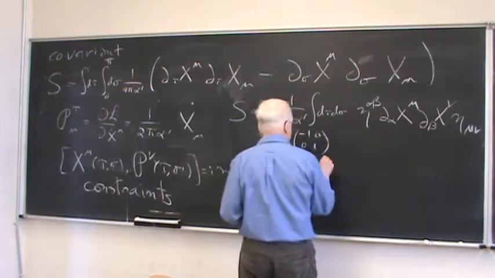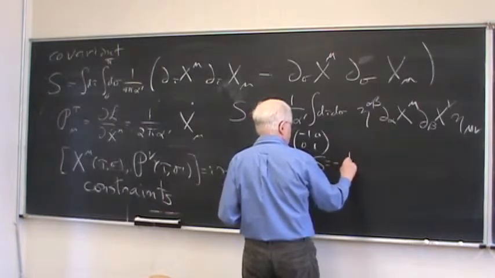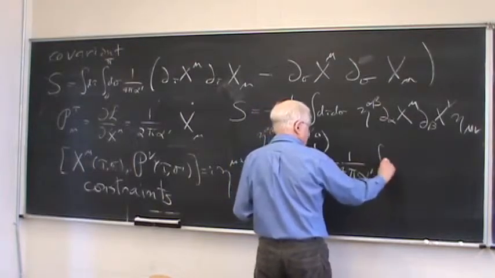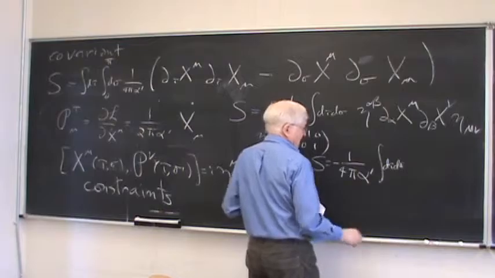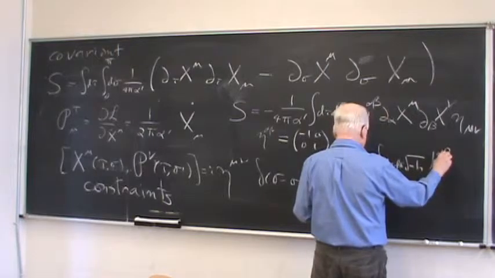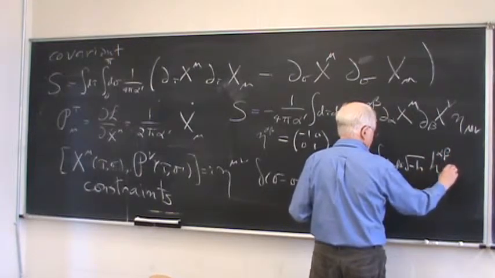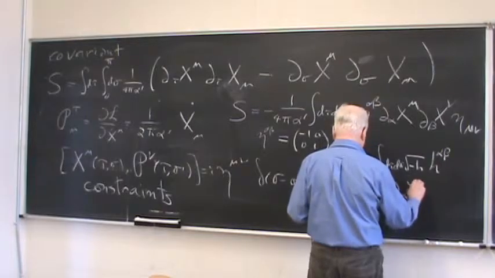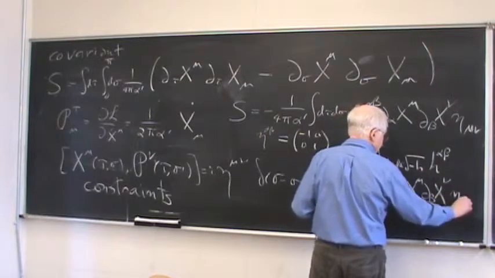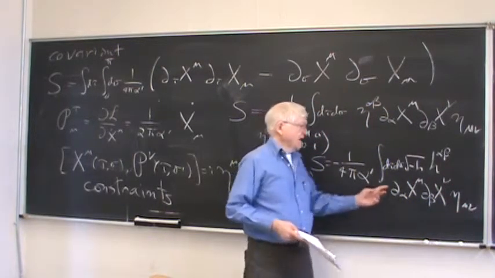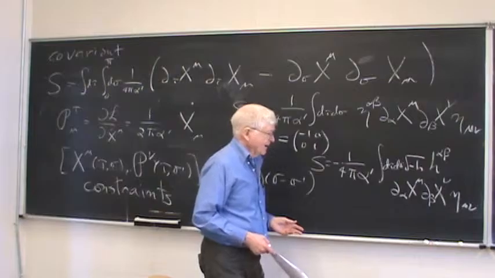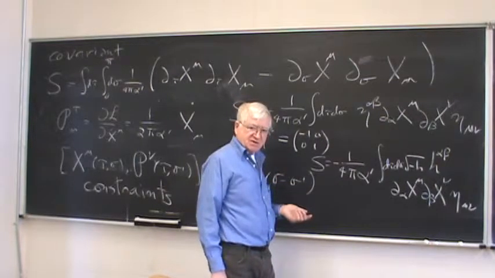We're going to say S is instead minus 1 over 4 pi alpha prime integral d tau d sigma, and now we're going to say square root of minus h, h alpha beta d alpha x mu d beta x nu eta mu nu. We're going to allow h to be dynamical.